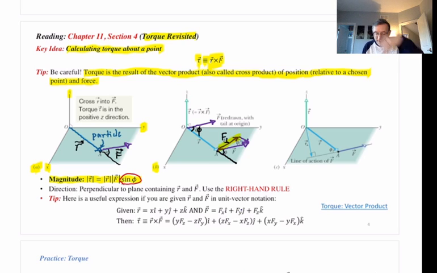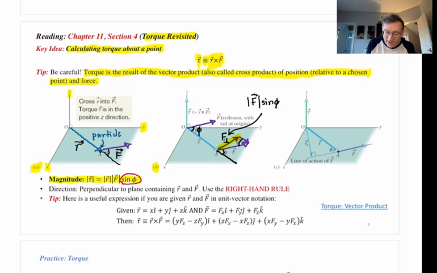Note from trig and that little right triangle that there's the angle phi right there, and F perp is magnitude F times sine phi.